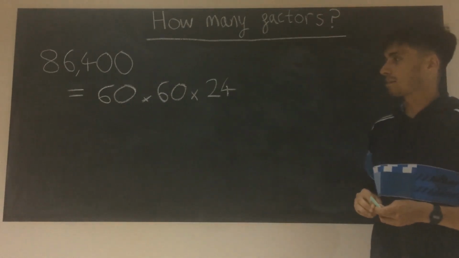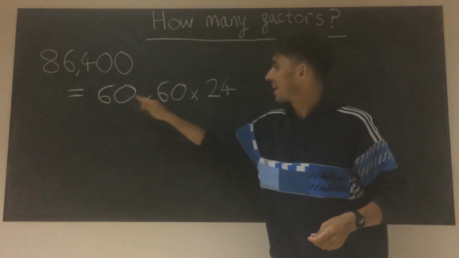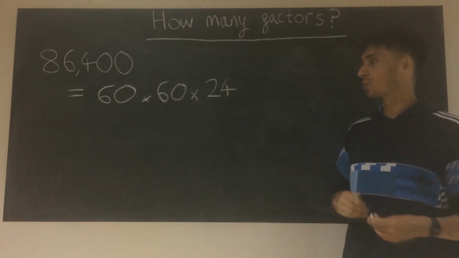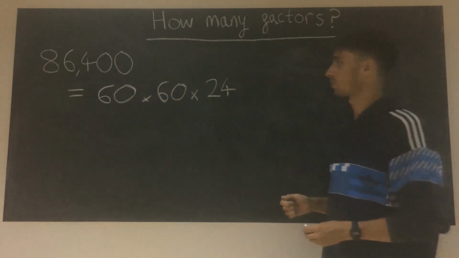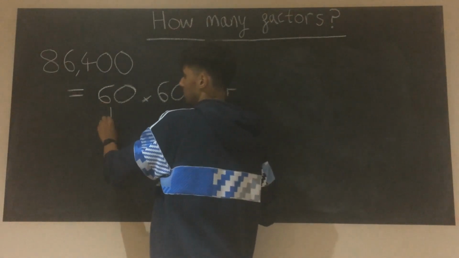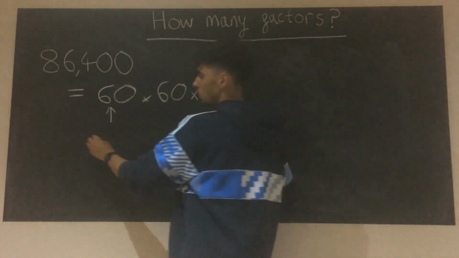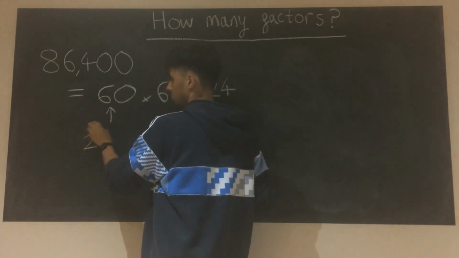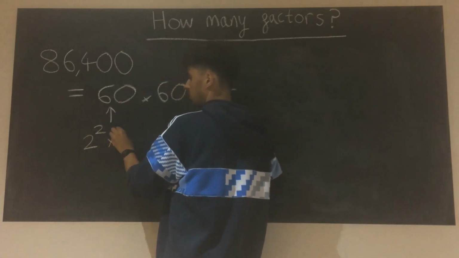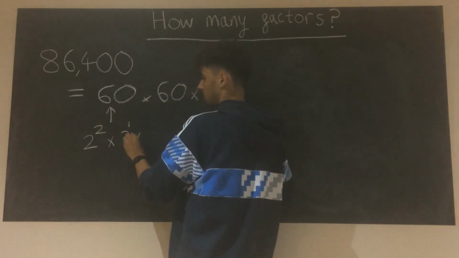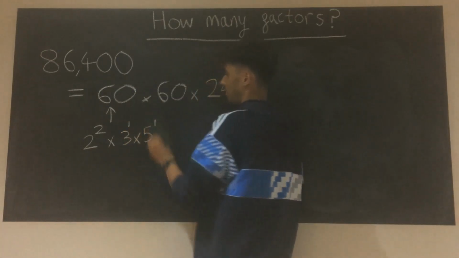Our second step then should be writing these as index powers of their prime factors. So thinking about 60 first of all, 60 can be written as 2 to the power of 2 multiplied by 3 to the power of 1 multiplied by 5 to the power of 1.